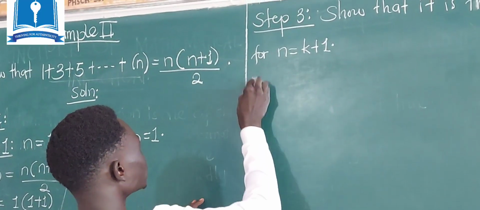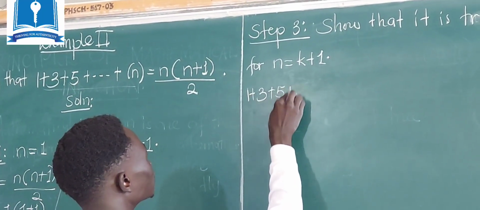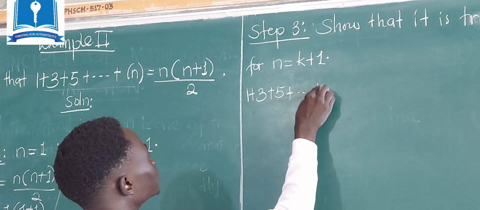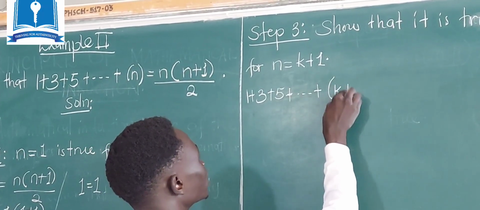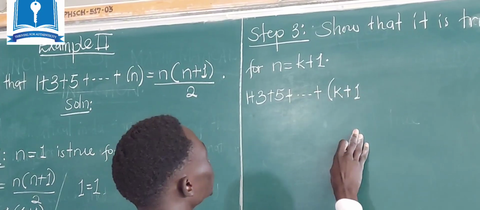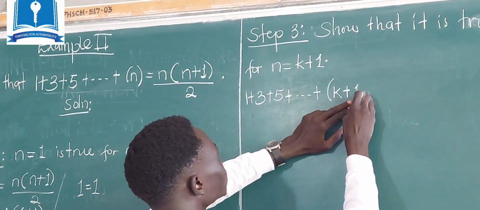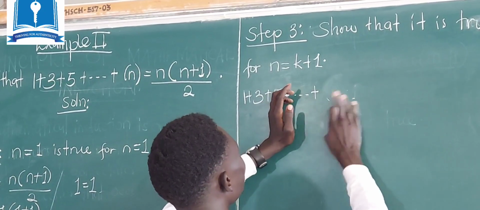So now it will be 1 plus 3 plus 5 plus ... plus k plus 1. Here in the statement, we have the claim statement.